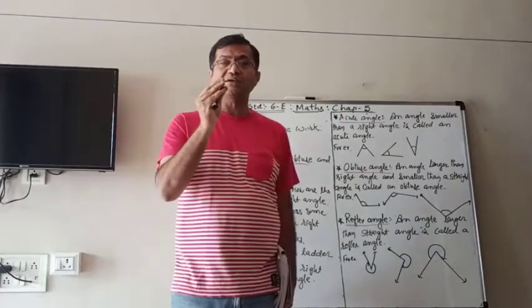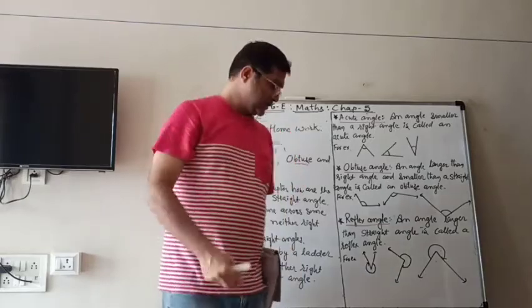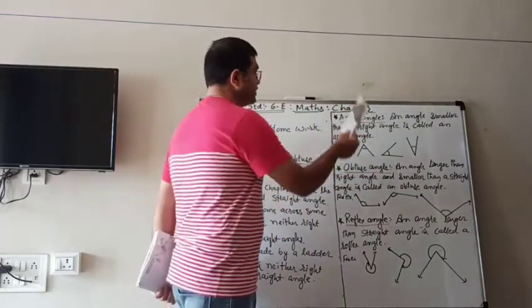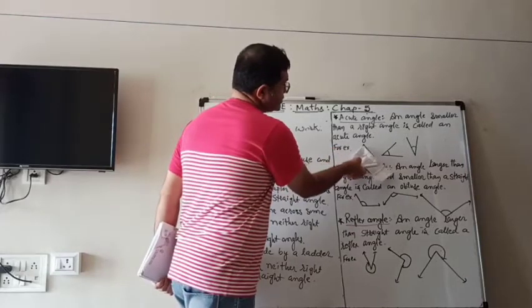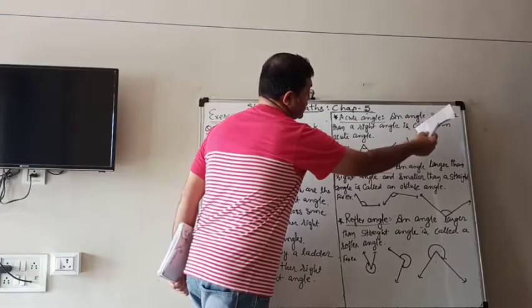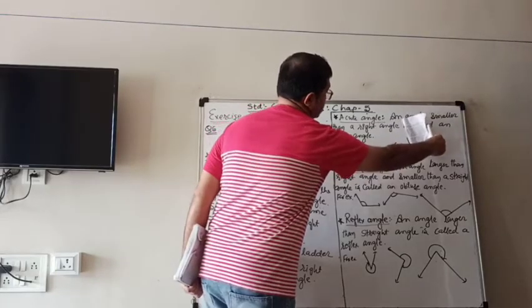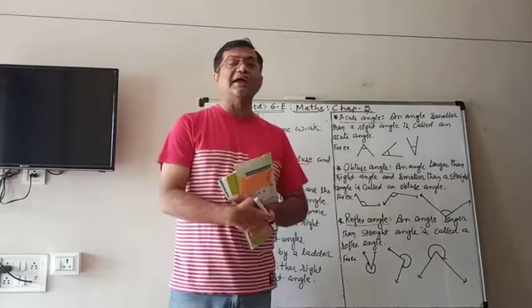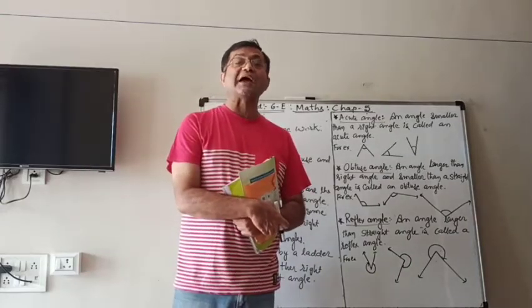You have to remember that. If you use that RA tester, you can see that if I put it here, it is smaller than that one. It is also smaller than the right angle. It is also smaller than the right angle. So when an angle is smaller than a right angle, it is known as an acute angle.